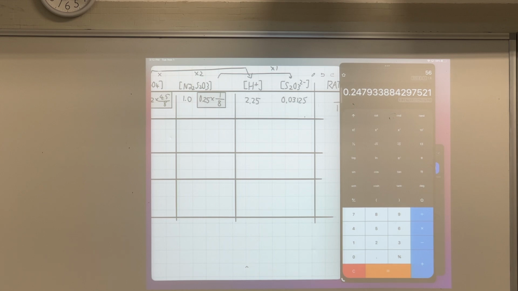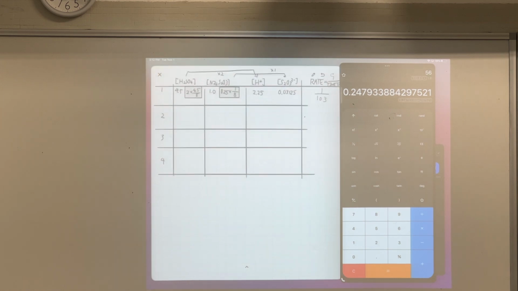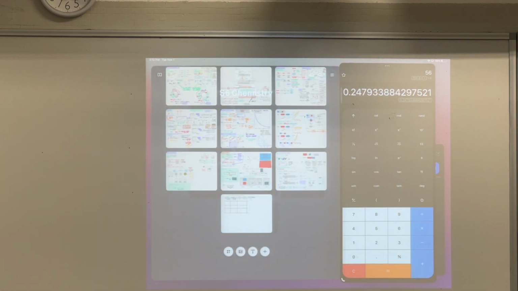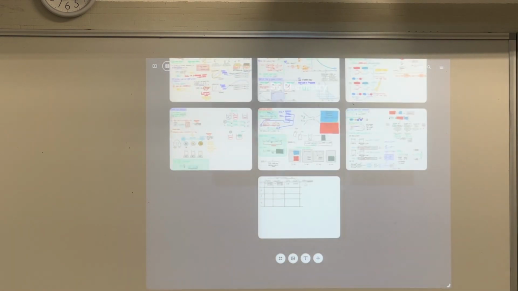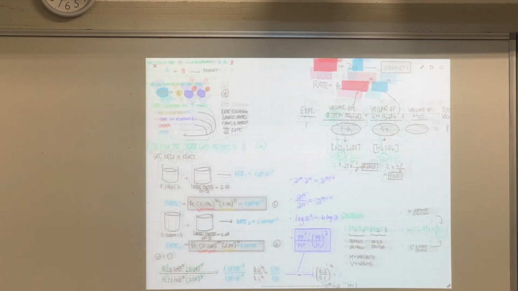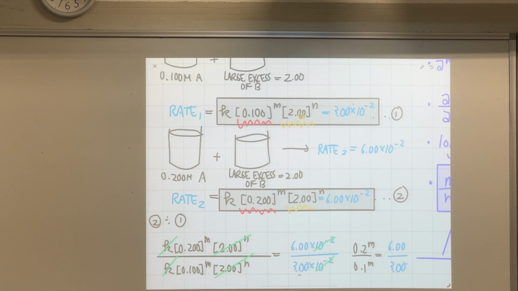Why must the volume of sulfuric acid used be the same? The volume is the same because you want to find the order of thiosulfate. Remember in our previous discussion, why do we have to keep the concentration of one reactant much larger? Because we want to eliminate it from the expression, so that we have only one unknown.